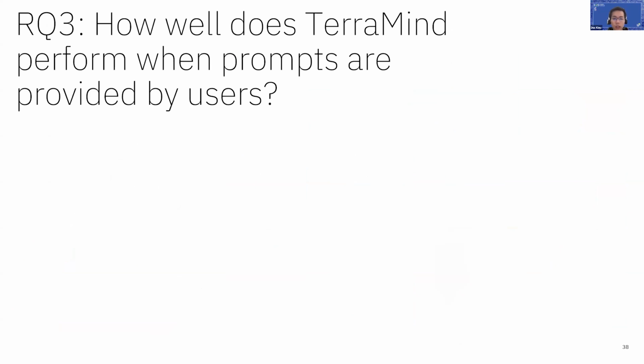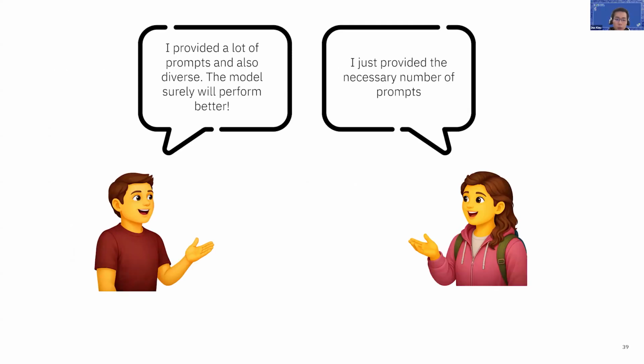So the next research question is, how well does TerraMine perform when prompts are provided by the users? While doing the experiment, one friend said, okay, I will try to provide a lot of prompts because then the model will perform better.